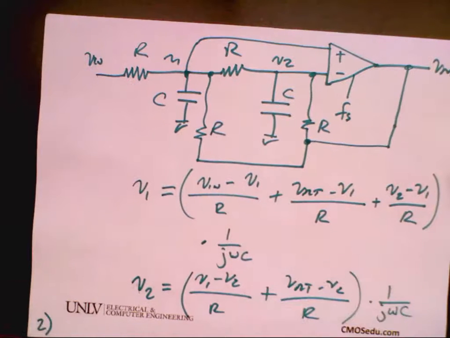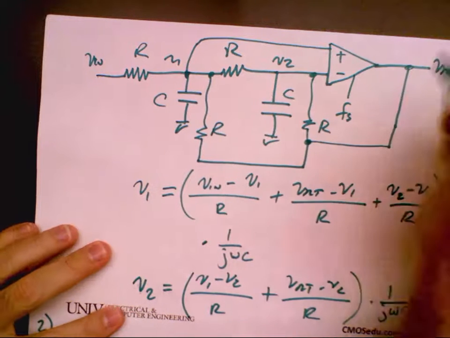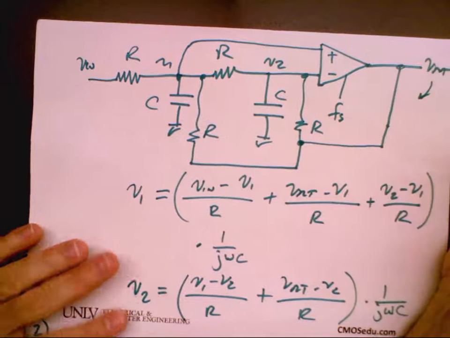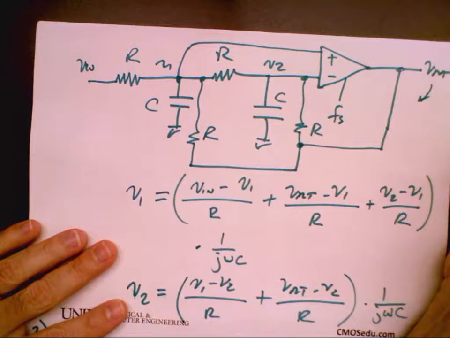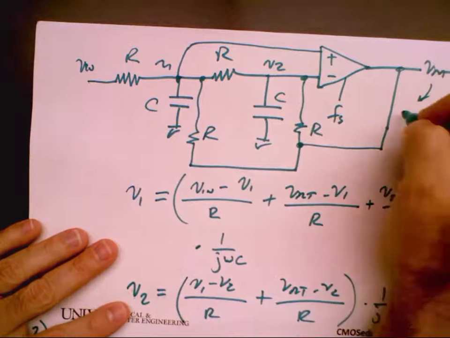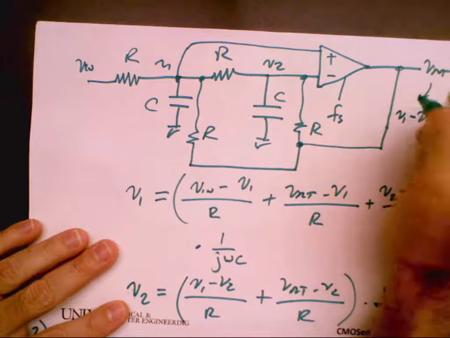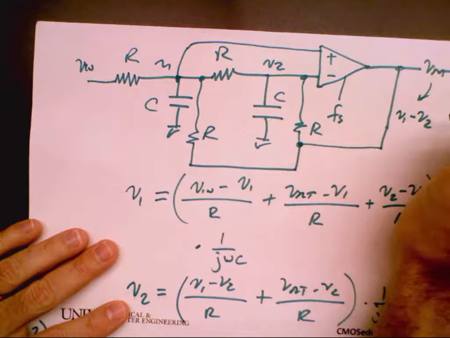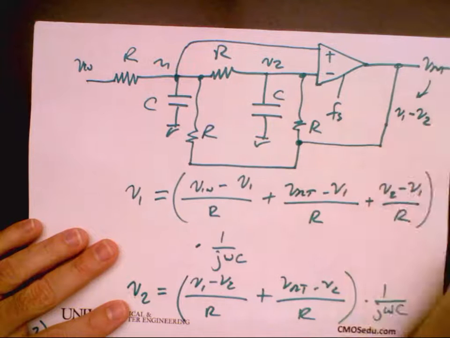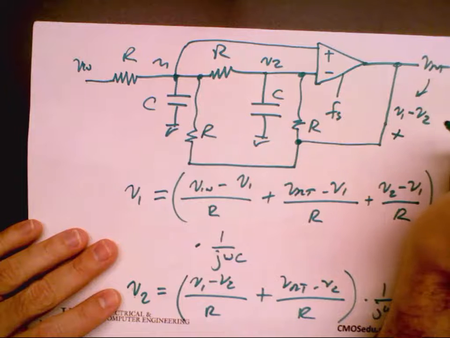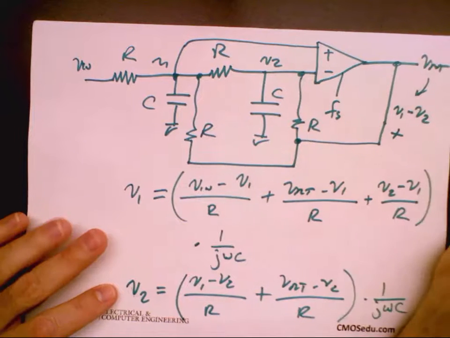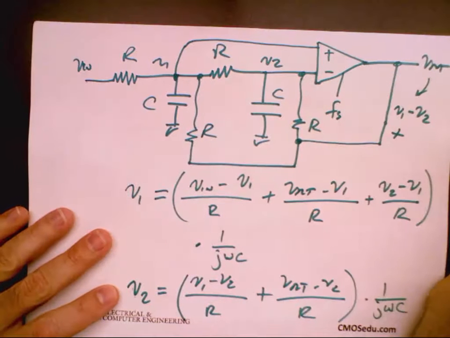So what are we going to solve for now? Okay, let me ask before we go any further, how would I write V out? V1 minus V2, oh whoops, yeah, V1 minus V2. I'll start you out, plus, how did we represent the quantizer?